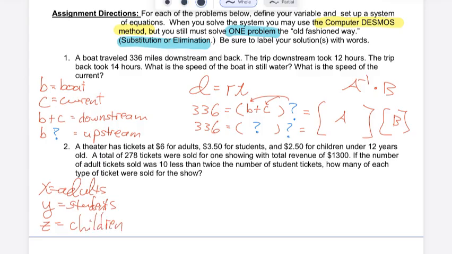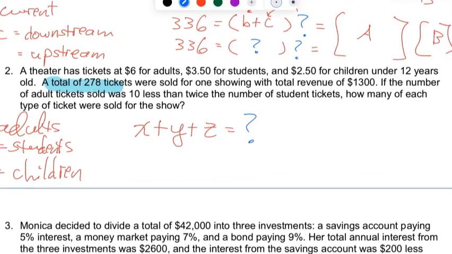Then when you do your total equation, remember a total of 278 tickets, keep it simple. That's just going to be adding your X plus Y plus Z, but I'm going to let you figure out what that would equal. That's your total equation.